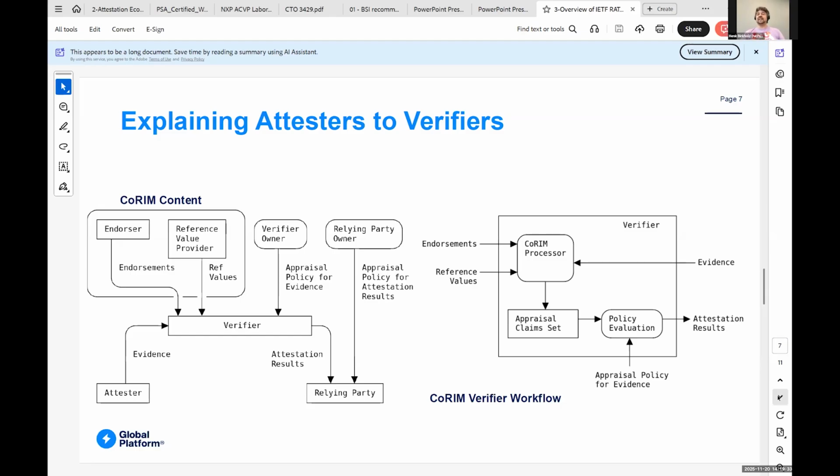So you need to understand these evidence inputs, and at least a reference value provider that gives you, for all the claims that are collected on the attester, something to assess the trustworthiness against. These are sometimes called reference values or well-known values or golden measurements. Lots of synonyms for this.